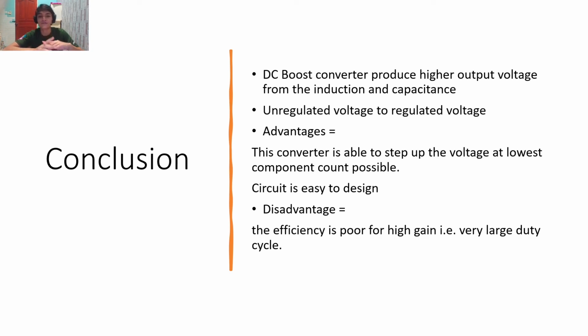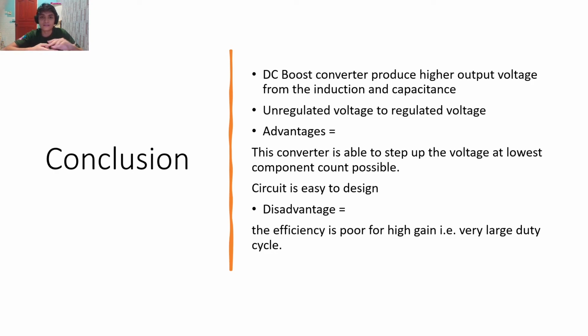One of the advantages of using a DC boost converter is that it is able to step up the voltage at the lowest component count possible. The second one is that the circuit is easy to design since it only needs three important components, which are the inductor, capacitor, and diode, or we use a MOSFET nowadays.